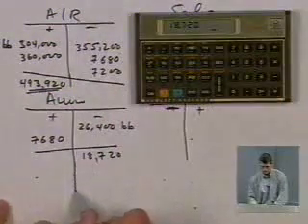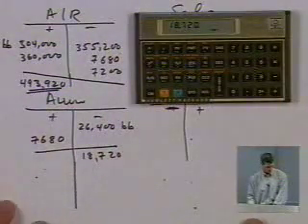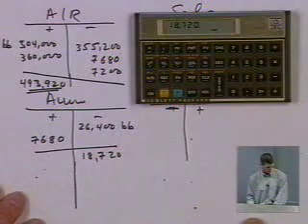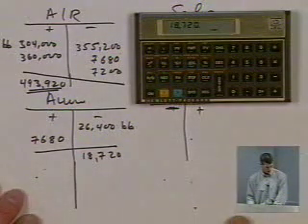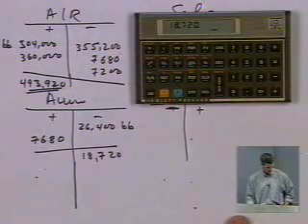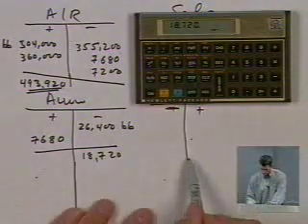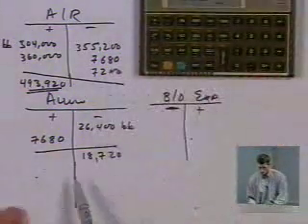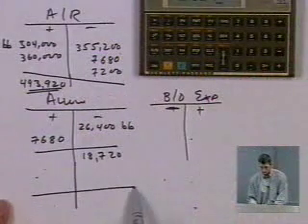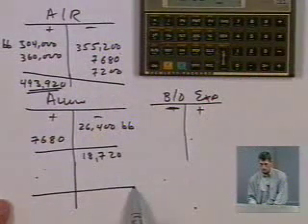Now, our adjustment is what? Our adjustment is that the ending balance in the allowance account should be what?